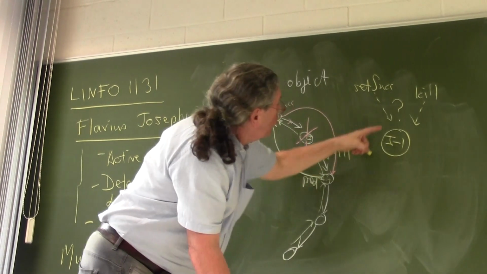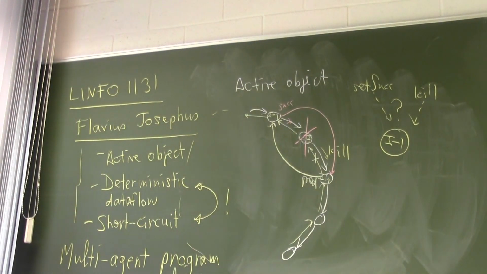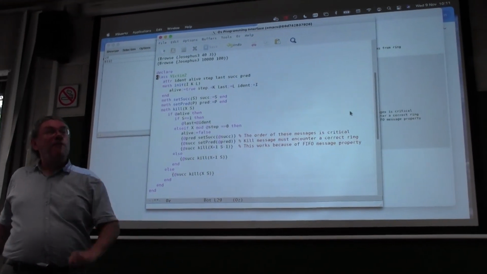Which one will arrive first? What do you think? You tell me. I'm looking at I minus 1 and I'm looking at the order of message arrival. Which of those two will arrive first?